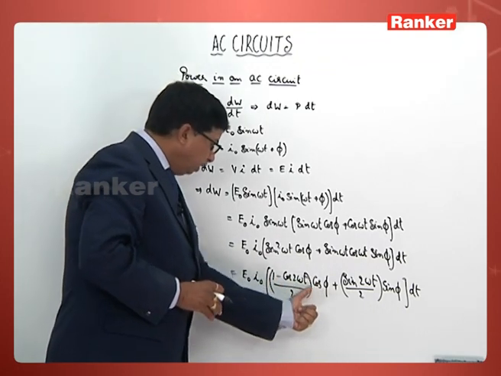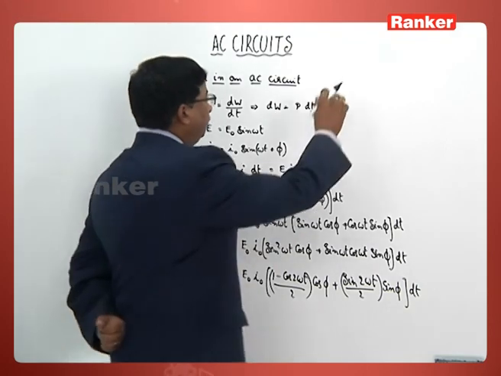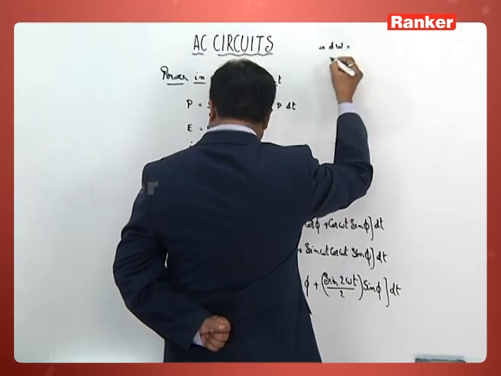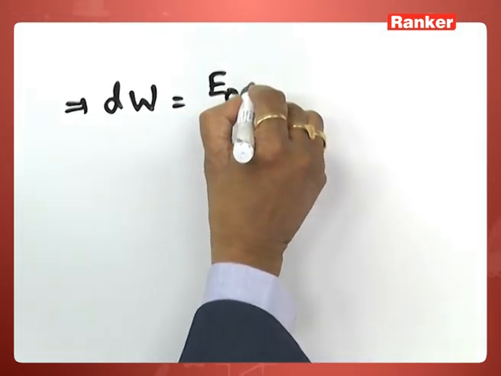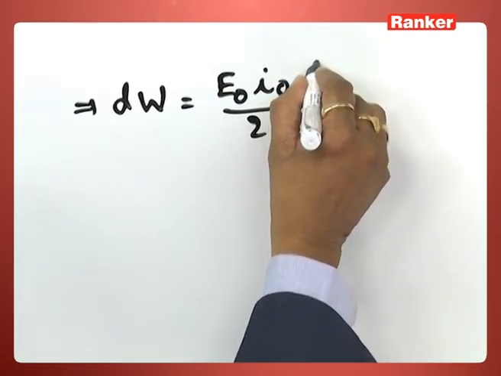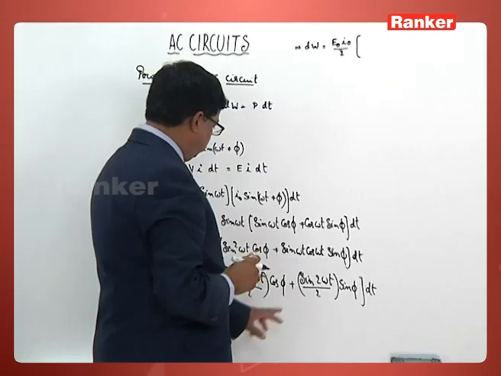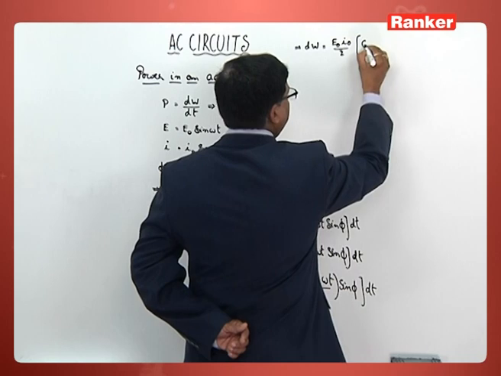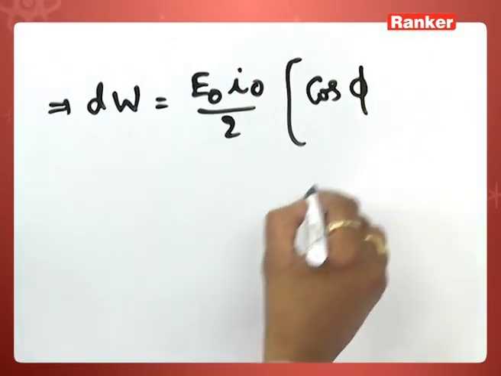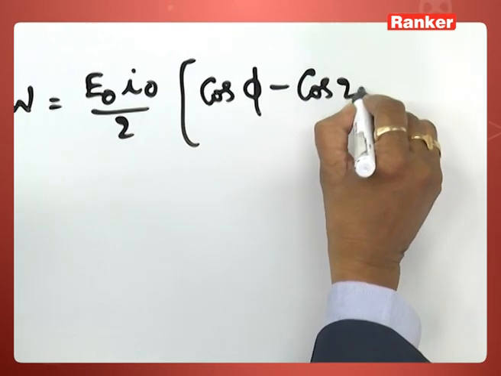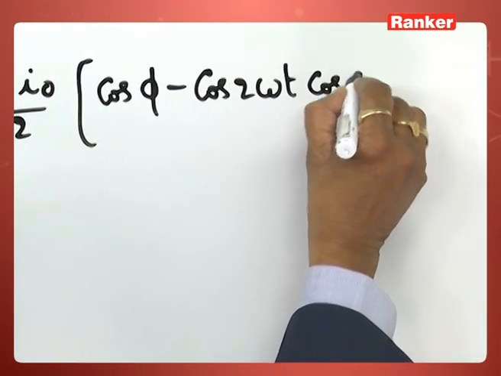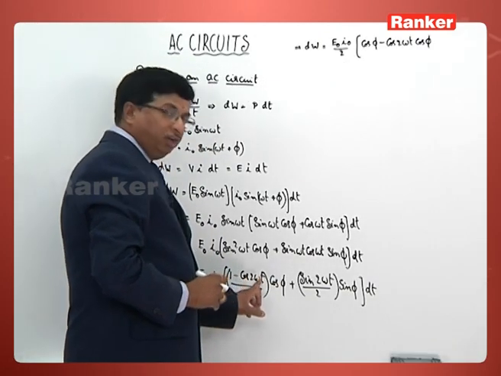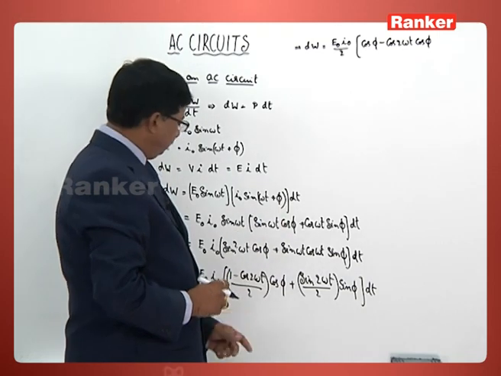Now taking the common factor, what can we expect? dW is equal to E naught I naught by 2, I can take that one common, into cos phi minus cos 2 omega t cos phi, that is cos phi into 1 minus cos 2 omega t into cos phi.